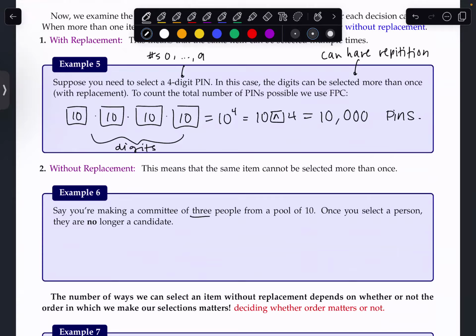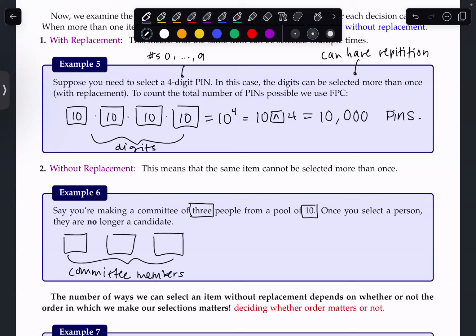So here we see we want 3 people in our committee out of a total of 10. Okay, so I have 3 choices to make, 1 for each committee member. Noticing that I cannot repeat, without replacement, or you can think without repetition.